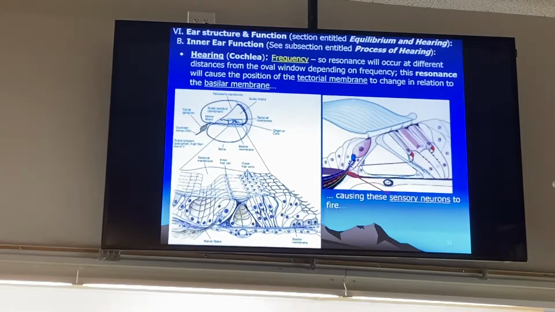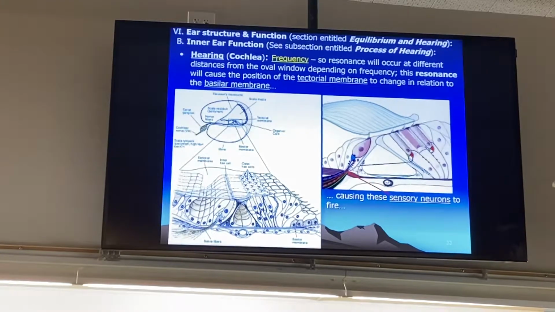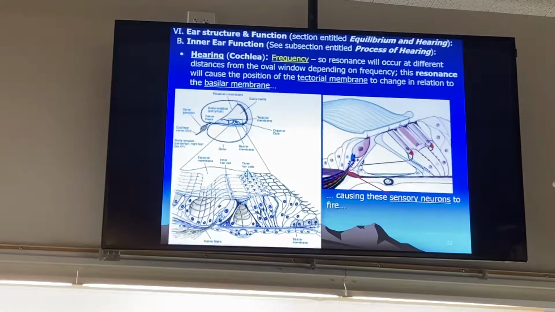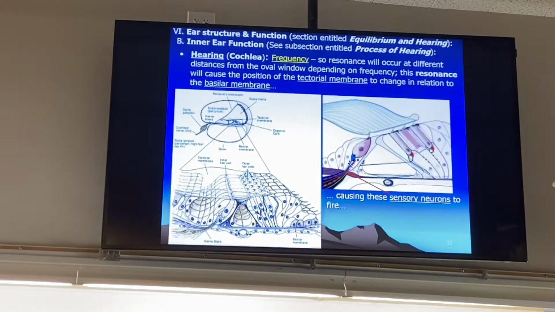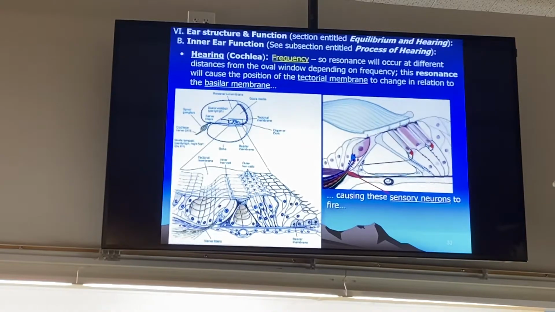All right, well, let's do the neuropathy, because this is a little different. Does this help at all doing this on the whiteboard?